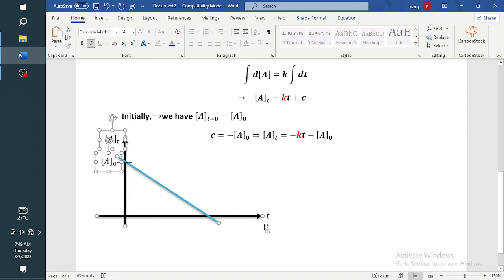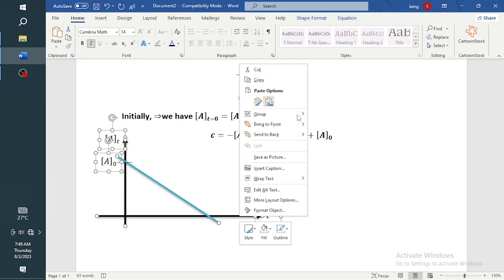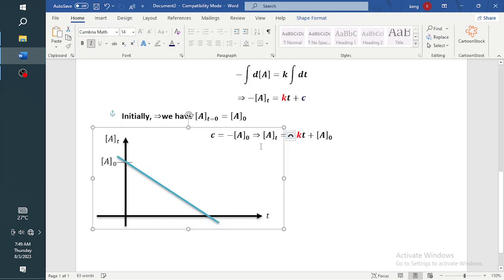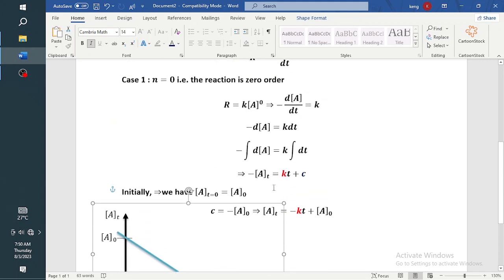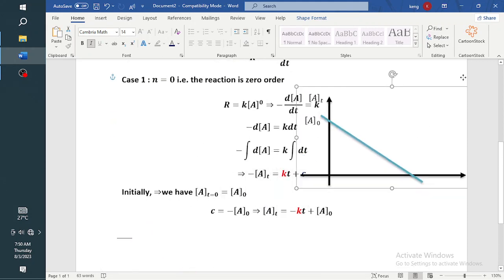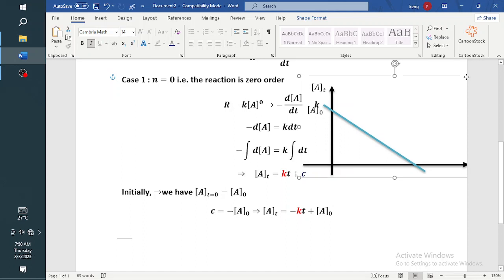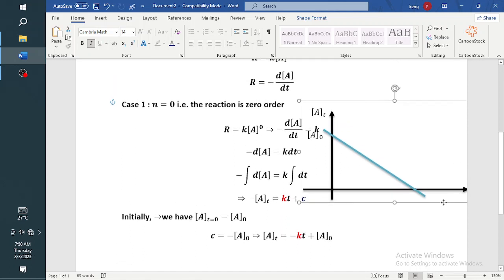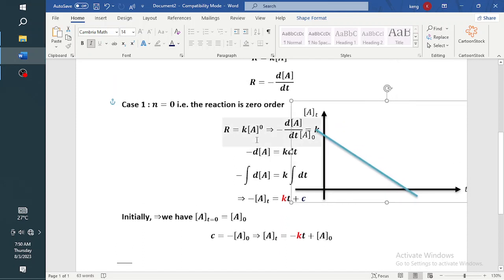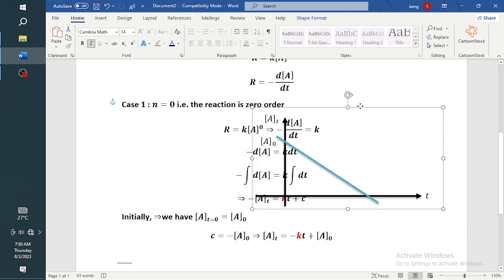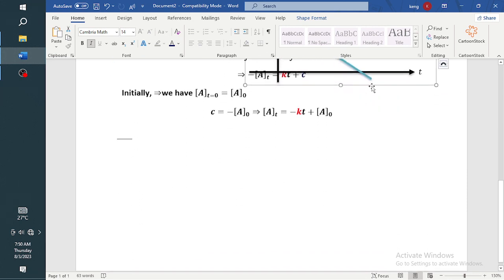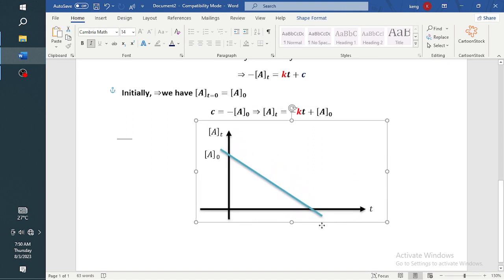K is our rate constant. You can be given some other initial conditions to be able to get that rate constant, because we already know how to get the constant of integration using the initial condition that concerns the initial concentration of the reactant.